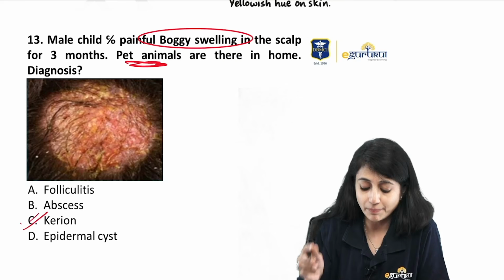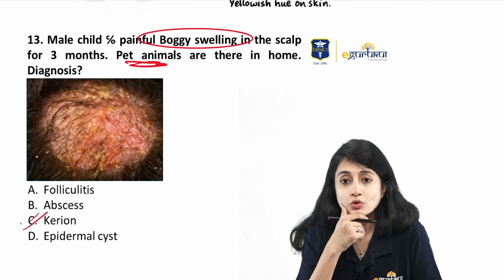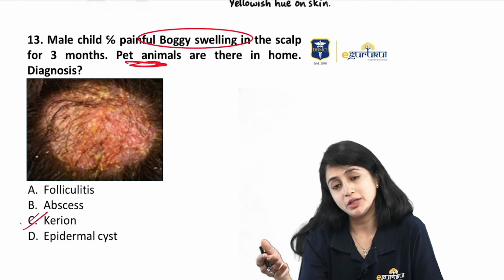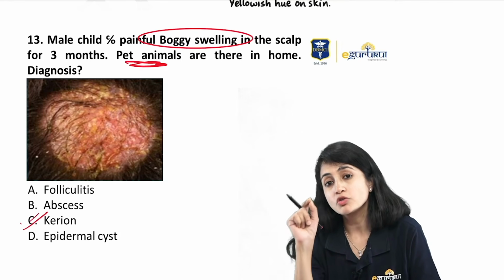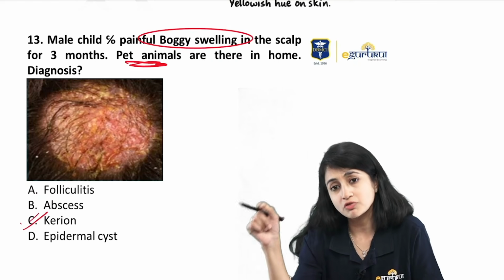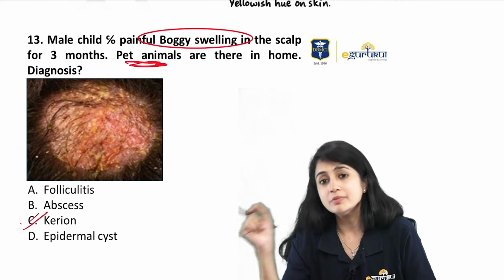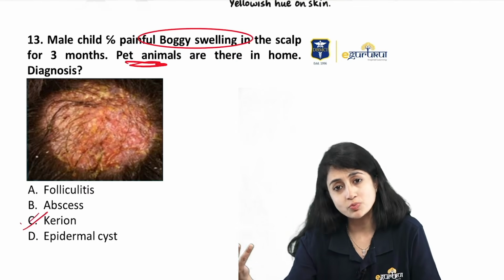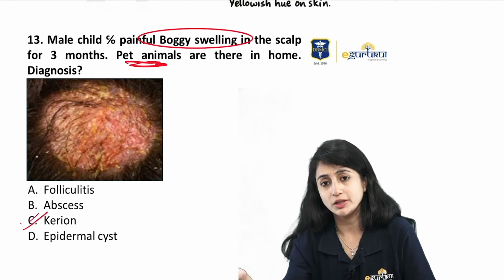Then there was something like pet animals were there in the home. This is relevant because I had told you that the inflammatory type of tinea capitis happens because of zoophilic infections, infections which are transmitted from animals to humans. That is why my body mounts a lot of inflammatory response and leads to the inflammatory form of tinea capitis.